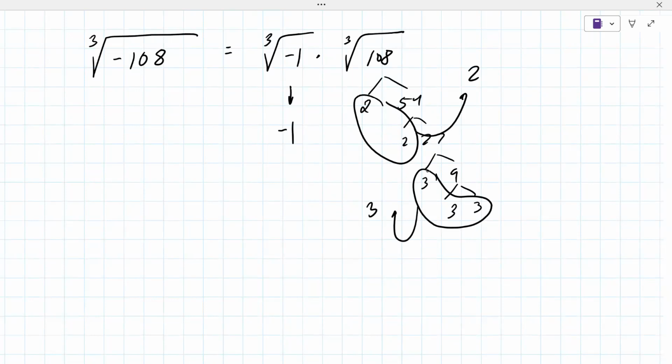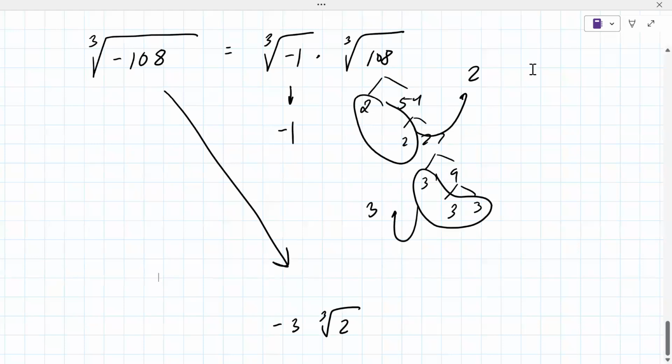So it becomes -3 cube root of 2. Take a look at that and see if you have any questions on that.